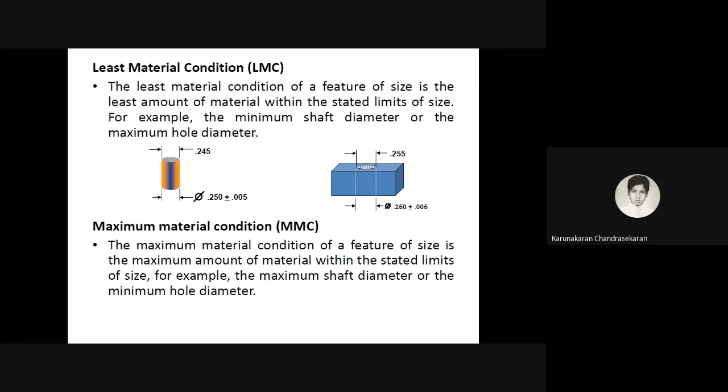And the very important part: what do you mean by least material condition and maximum material condition? It's nothing but the feature of size having the least amount of material within the stated limits. Now, if you observe this particular diagram, the diameter of the shaft is given. How much is given? Basic dimension 0.255.